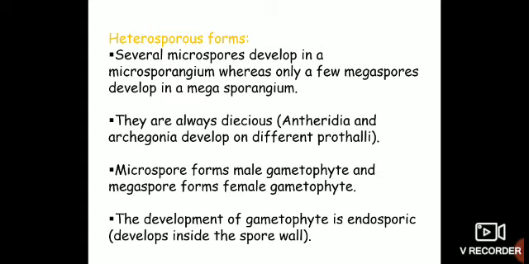You have to remember that the heterosporous species of pteridophytes are always dioecious. What does dioecious mean? The microspores produced in heterosporous pteridophytes give rise to male gametophytes, and the megaspores give rise to female gametophytes.